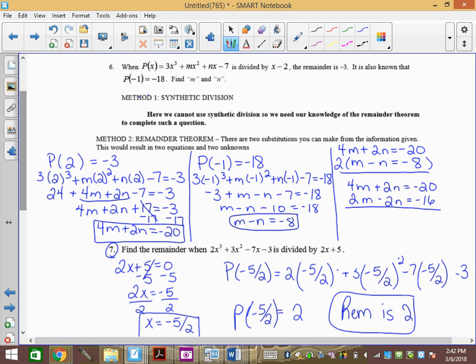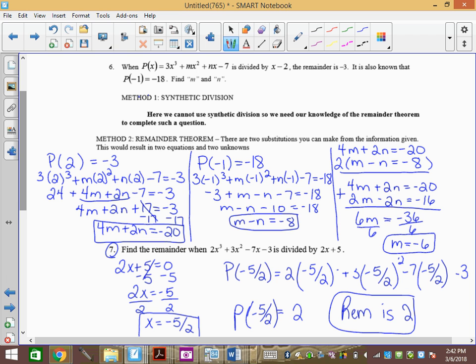So subtracting is not helpful in this instance, but addition is. If I add, I get 6m, and what happens to my n's? They cancel or eliminate, hence elimination. Okay? 6m equals negative 36, divided by 6, m equals negative 6, which is great.